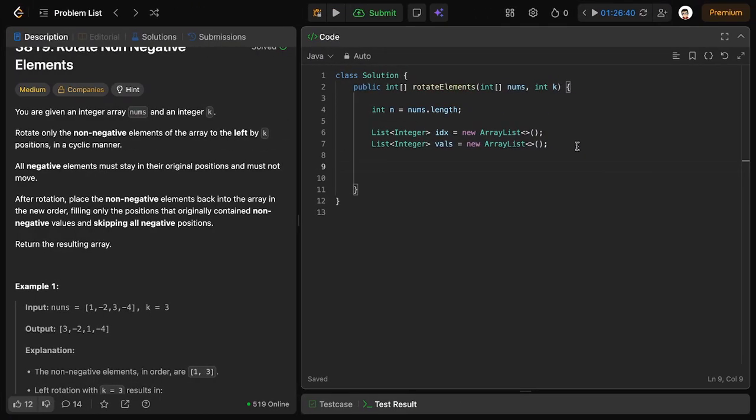Firstly putting stuff inside of these. For int i is equal to 0, i less than n, i plus plus: if nums at i is greater than or equal to 0, idx.add(i), we are storing the indices, and we are storing the values in order, nums at i.